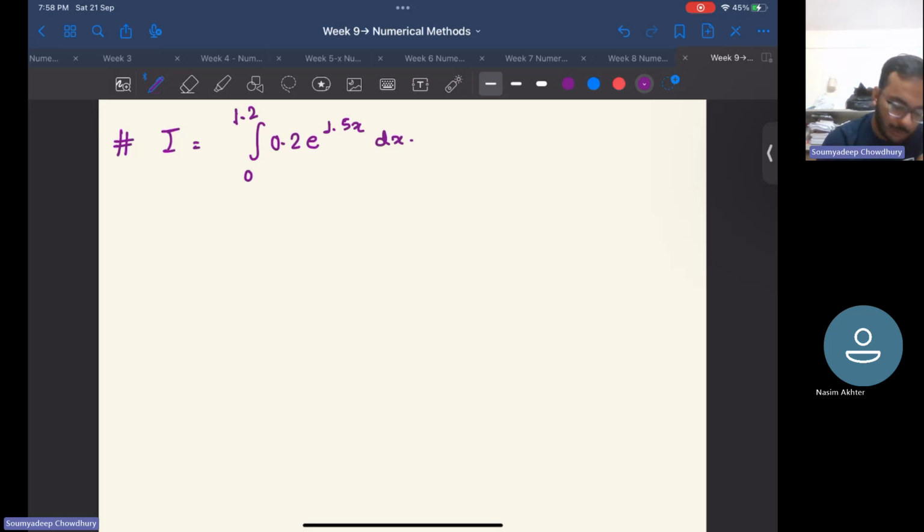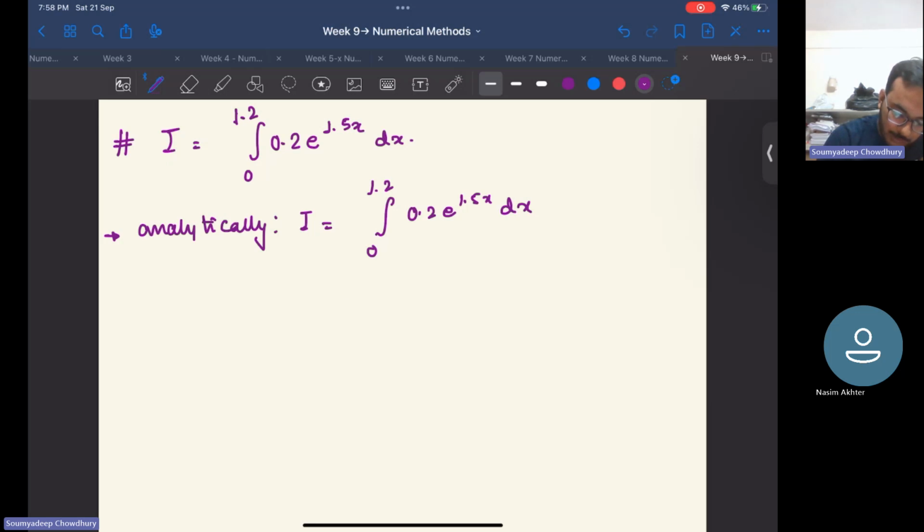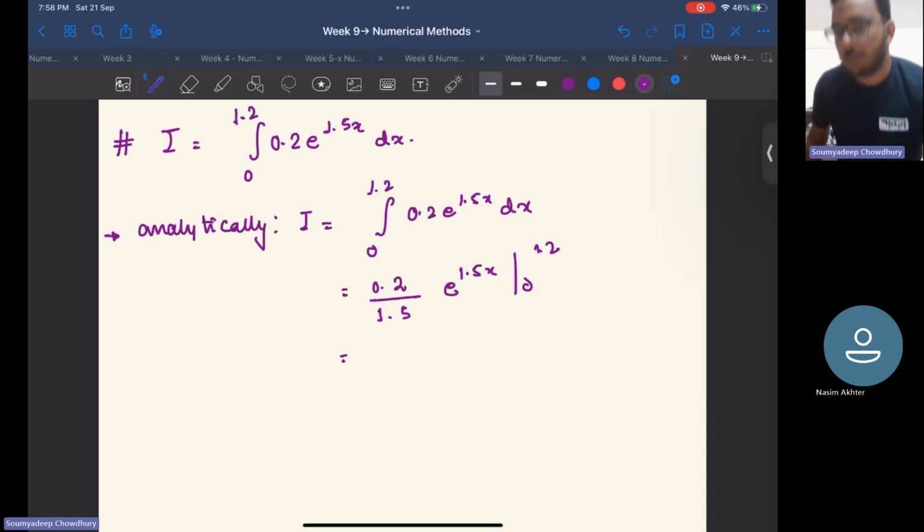So now first we'll try to evaluate it analytically. Analytically, it will be the integral of 0.2 e to the 1.5x dx. So the integral of e to the power ax is e to the ax by a. Let me check my calculator.